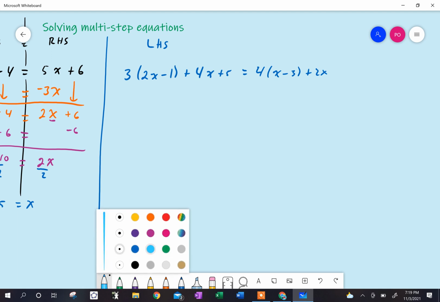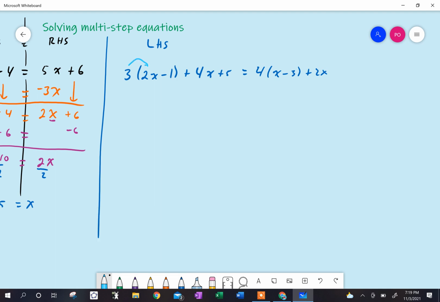So the first thing I'm going to do is remove my parentheses, but that means I have to distribute my 3 here. So I get 6x minus 3 plus 4x plus 5 equals, and I'm going to distribute this 4, and I'm going to get 4x minus 12 plus 2x.